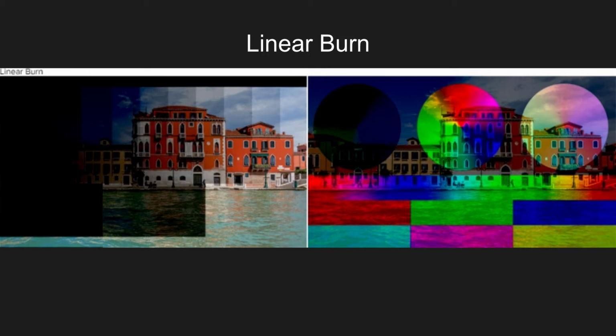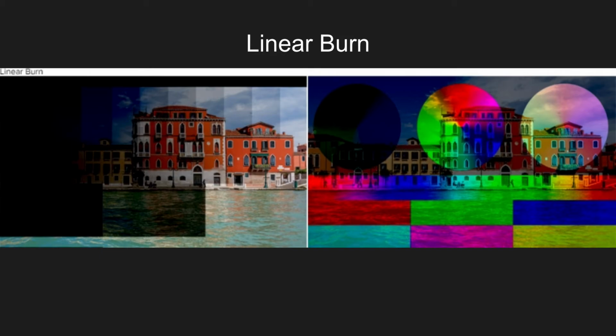Next is called linear burn, and linear burn decreases the brightness of the base color based on the value of the blend. So if the value on top, the second layer, is darker than the base layer, then that brightness is decreased based on those numbers.